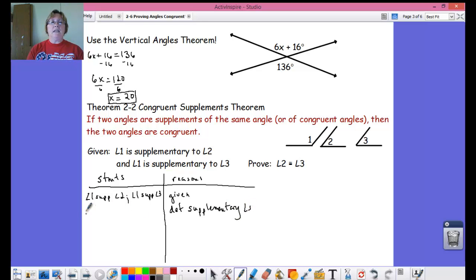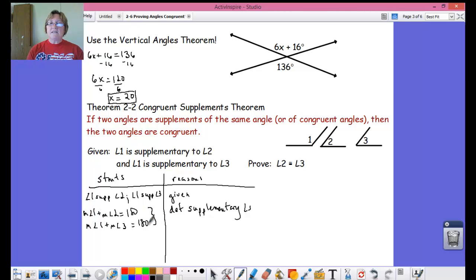They add up to 180. So the measure of angle 1 plus the measure of angle 2 is equal to 180. It's also true that the measure of angle 1 plus the measure of angle 3 is equal to 180. That is all the definition of supplementary.